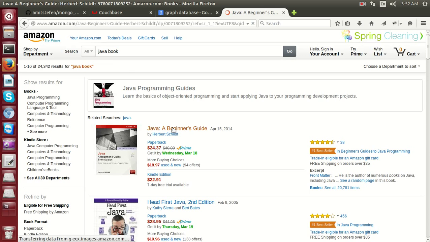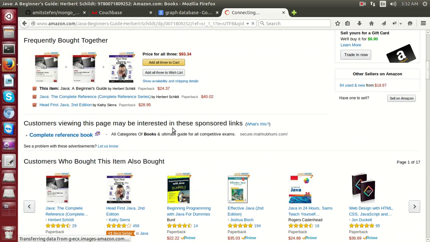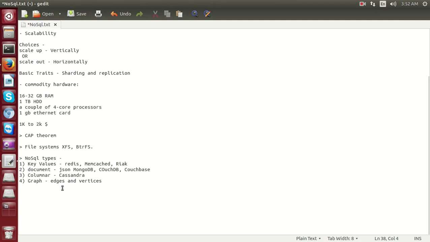These graph databases are actually useful in making these recommendations, like those customers who bought this Java book also bought other similar Java books, and a graph database is used for tackling complex business scenarios as well.